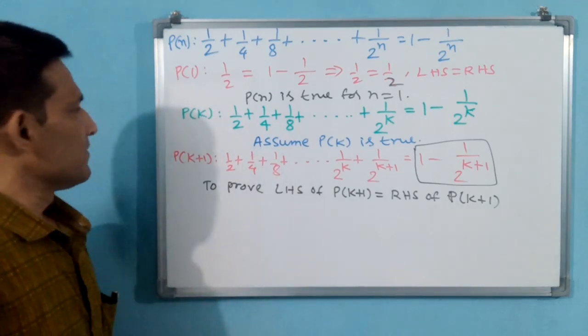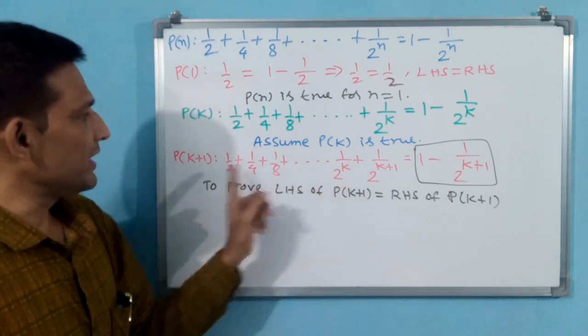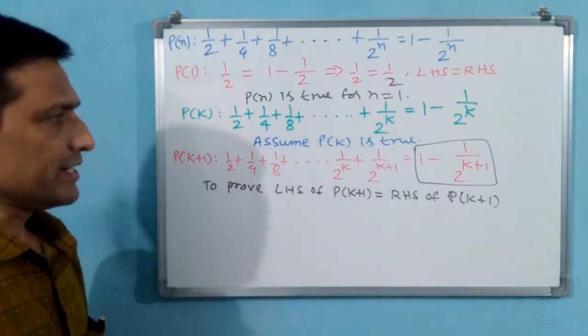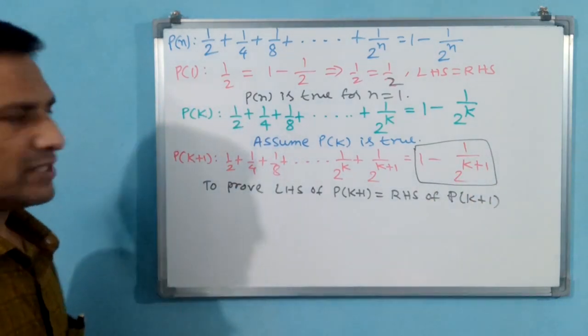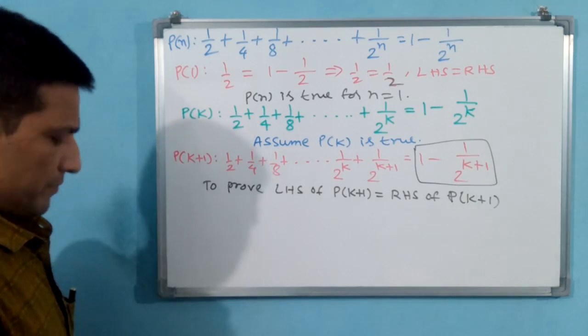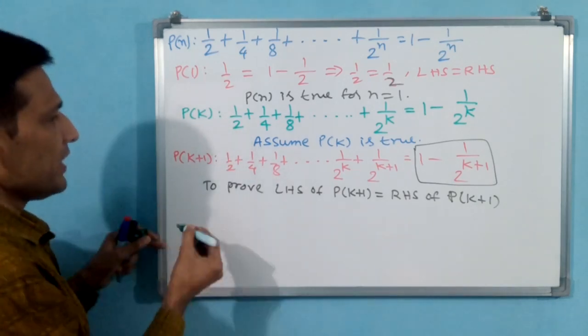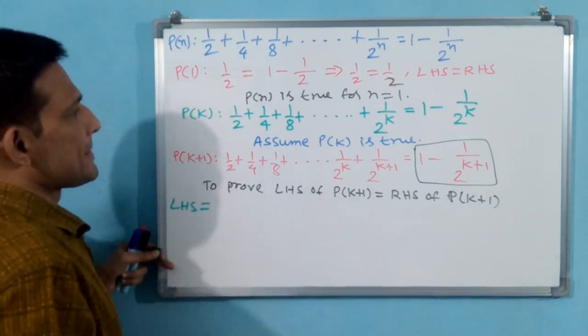Next step is what? LHS you have to take, and you convert it. If it comes 1 minus 1 by 2 power k plus 1, then we can write P(n) is true. You take LHS. LHS is equal to, okay.